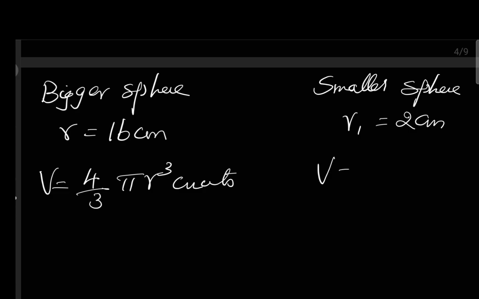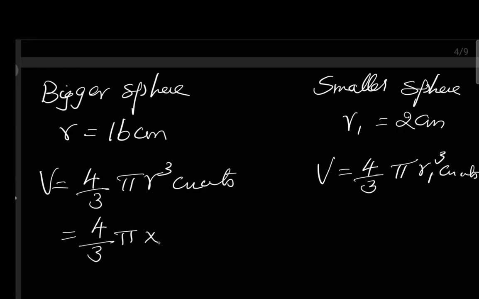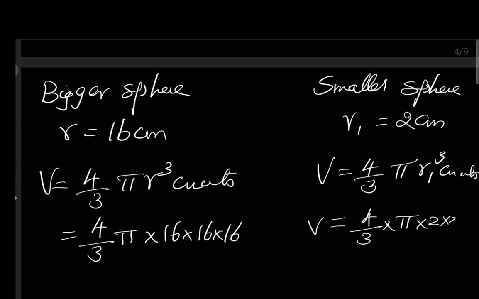What about the volume of the smaller sphere? The same, 4 by 3 pi r cube, so we differentiate this as r1 cube, cubic units. So 4 by 3 pi into 16 into 16 into 16. Here the volume v is 4 by 3 pi into 2 into 2 into 2.